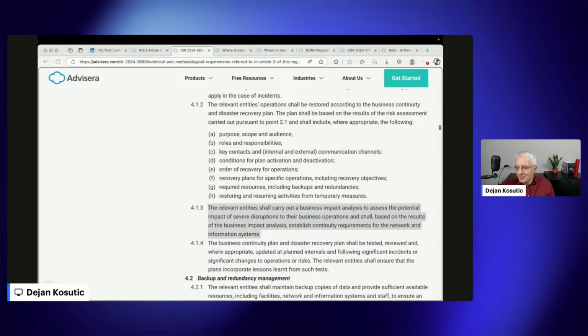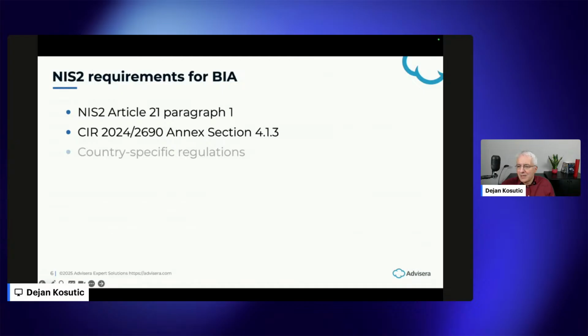Okay, let me go back to the presentation. Since NIS2 is only a directive, it is a kind of top-level document which serves as a baseline for EU countries to publish their own laws and regulations. So NIS2 is not directly applicable to companies. However, based on NIS2, EU countries have to publish their own laws and regulations, which are then applicable directly to companies in their countries.